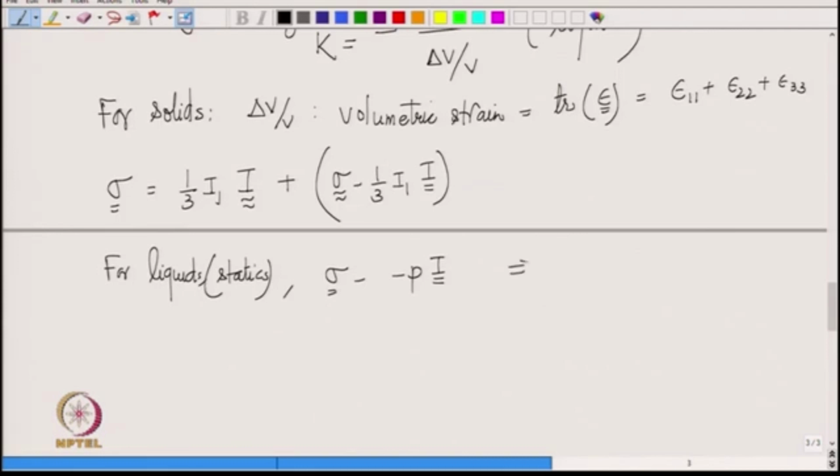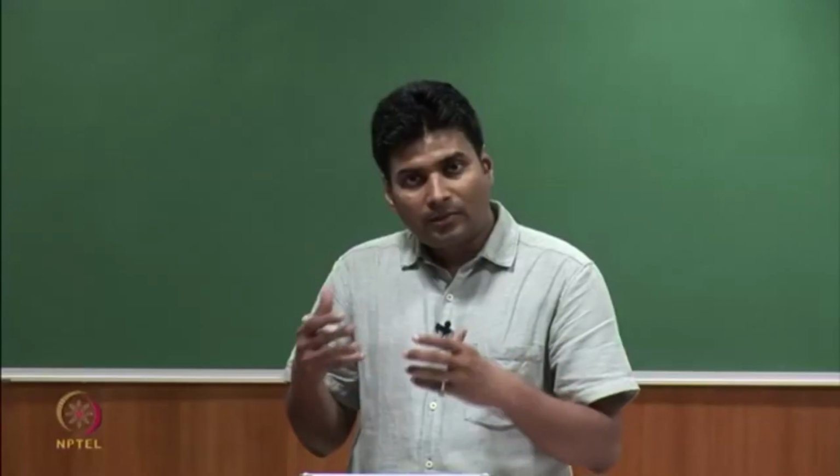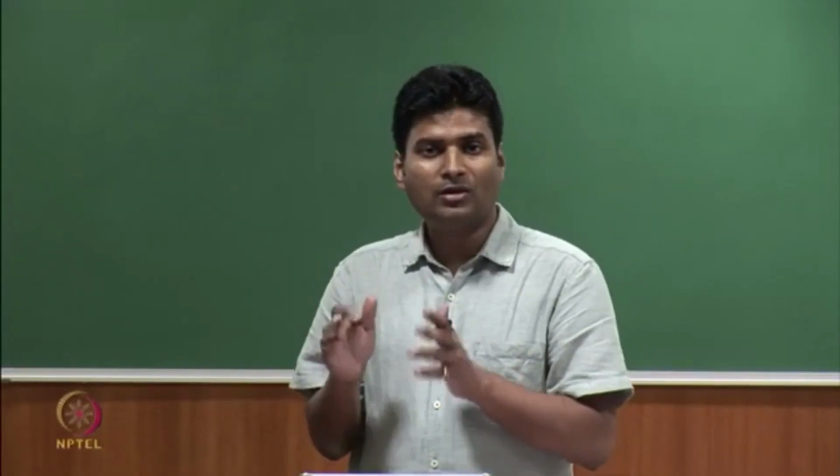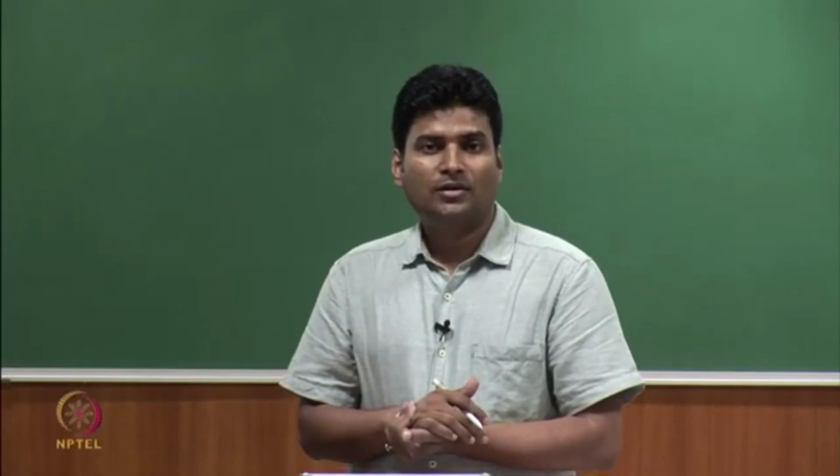So, from here when you do the comparison, you can see that the equivalent pressure P for solids would be simply minus of I1 divided by 3, and we get a minus sign because pressure is compressive in nature, is not it? So, if you want to find out pressure for solids, you simply do minus of I1 divided by 3. Okay.